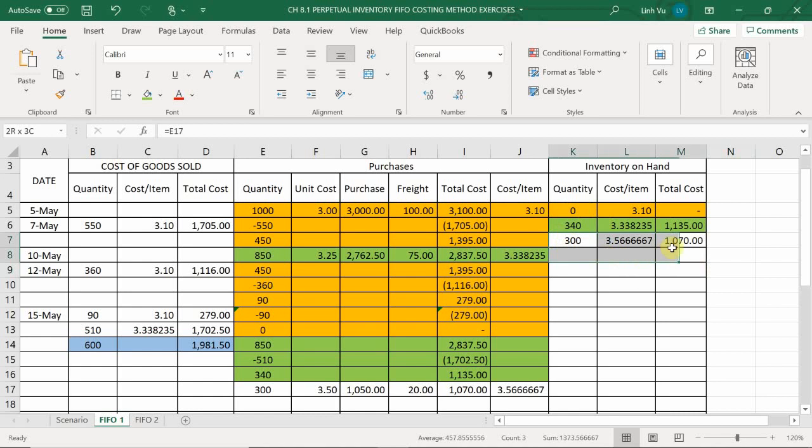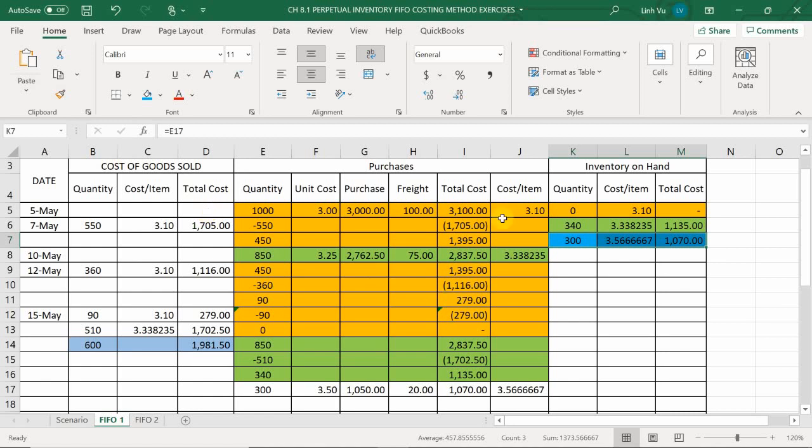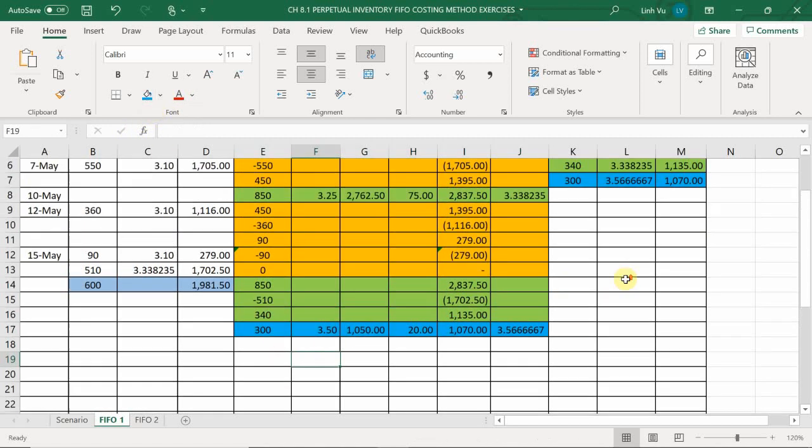And now I'm going to make this one a new batch color so we can keep track of this one as well. I'm going to make this one blue.